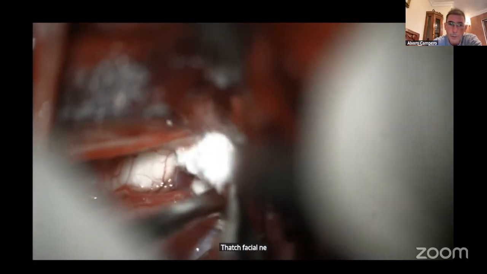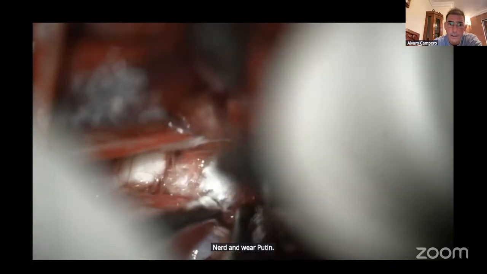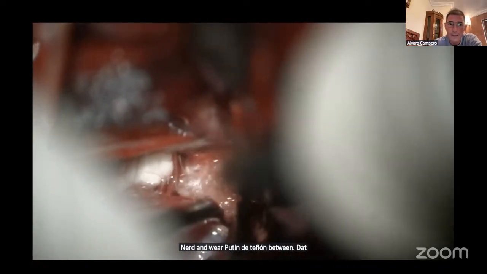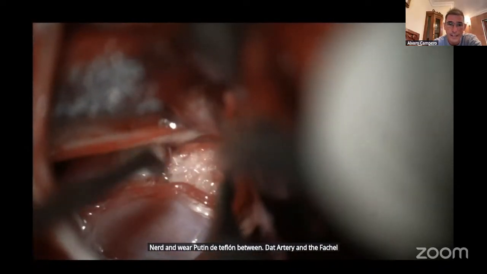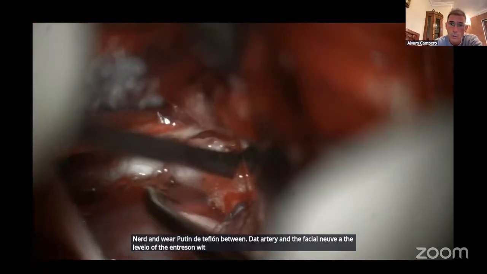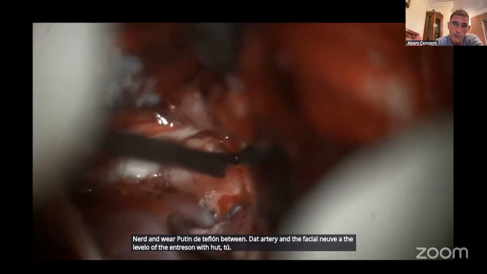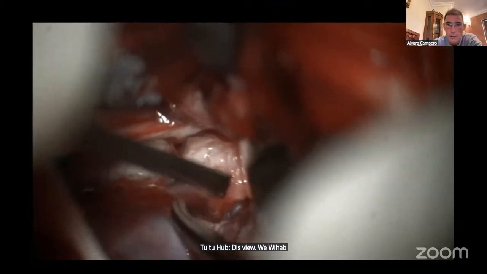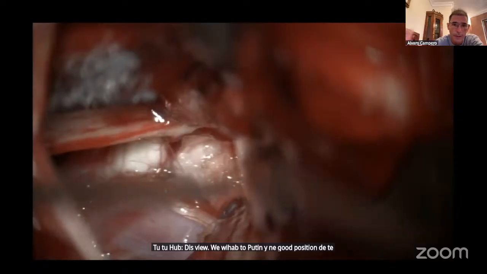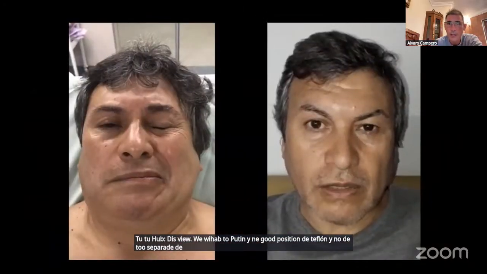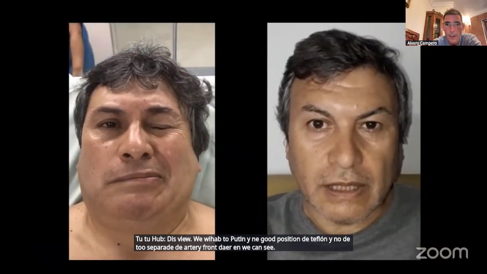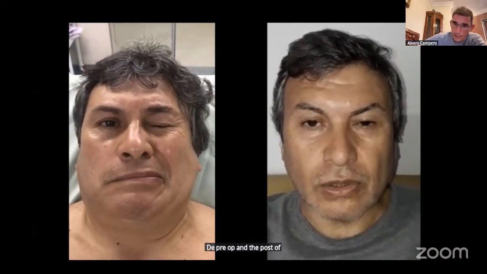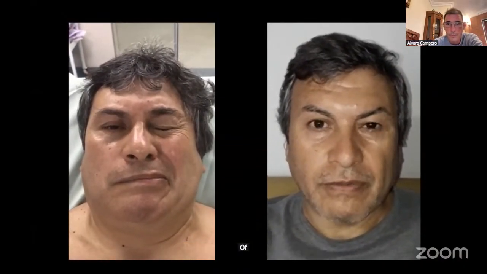We put the Teflon between that artery and the facial nerve at the level of the entry zone. We have to have this view and put the Teflon in a good position in order to separate the artery from the nerve, and we can see the pre-op and the post-op with the complete release of the spasm.